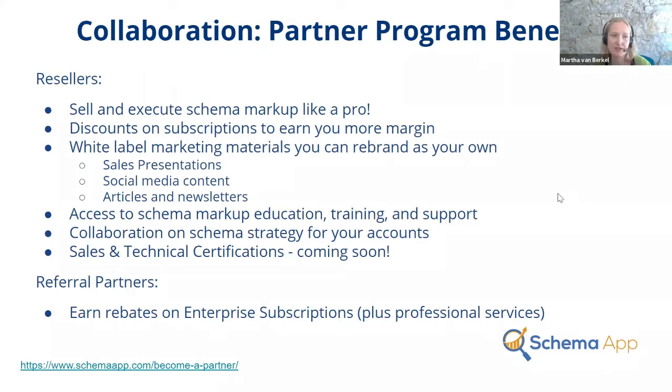So it's built to help you manage schema markup across many different sites. On our pricing page, you'll see the multi-site pro. It's 10 editor accounts for $100. That one still has email support and allows you to get a discounted rate for multiple sites. And then we also have an entire partner program for our enterprise offerings.